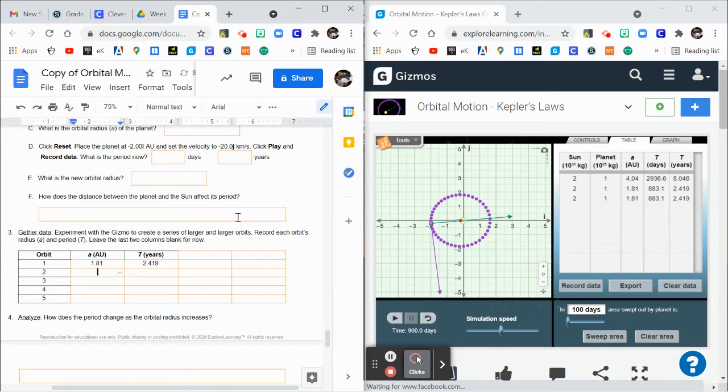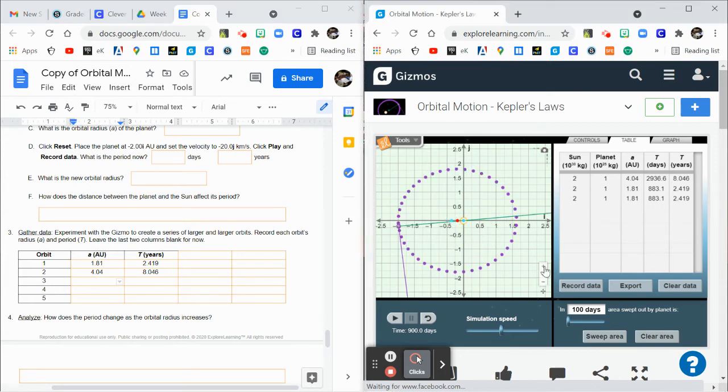And then 4.04, and 8.046. Okay. So that's 2, 4, and let's do 6.